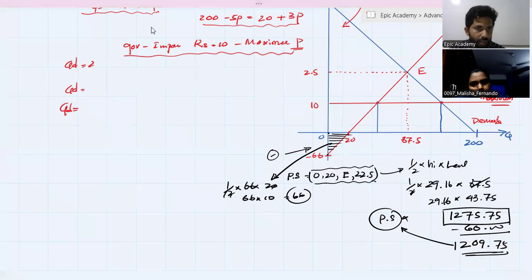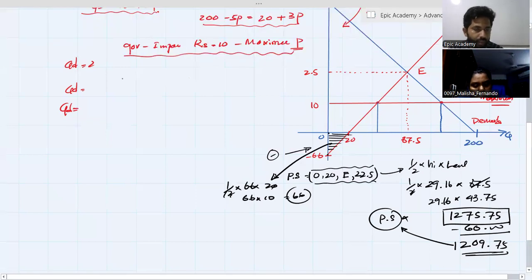Nothing to worry. Take the old demand equation. Okay. Put the 10 rupees value for the price. That's enough. Then QD equals 200 minus 5 multiplied by 10.